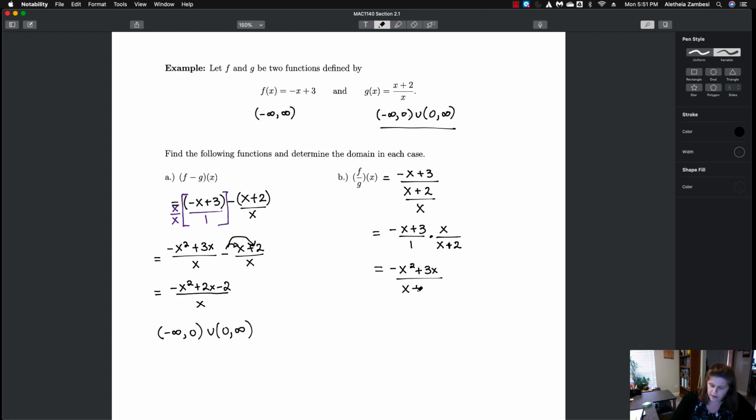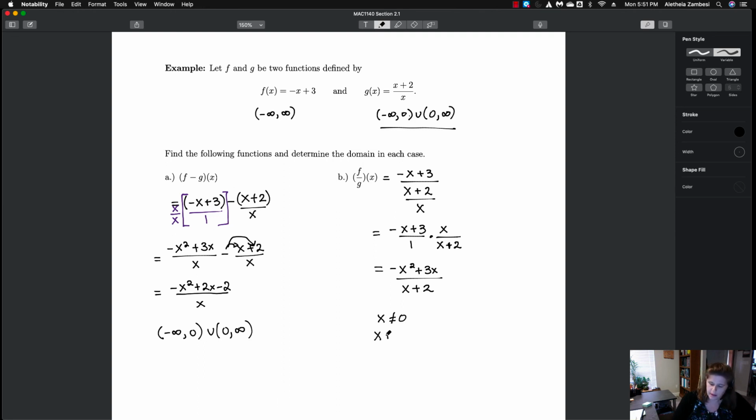over x plus 2. Now our original g of x function, we had to exclude 0. So we still have to exclude 0. But this new function, I also have to worry about when x plus 2 is equal to 0. So x plus 2, remember that x cannot equal 0 from g of x.